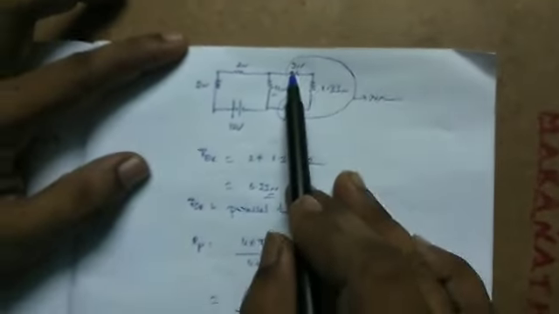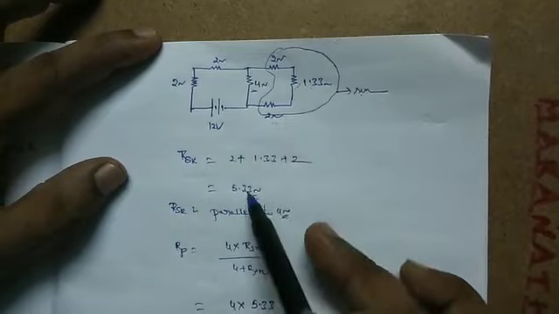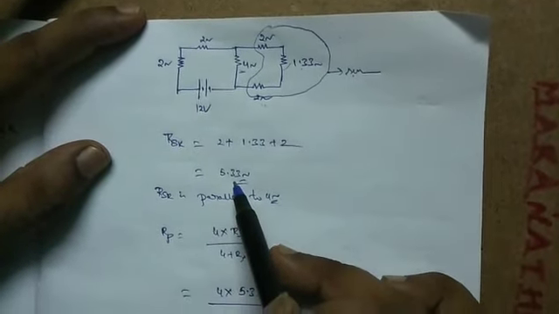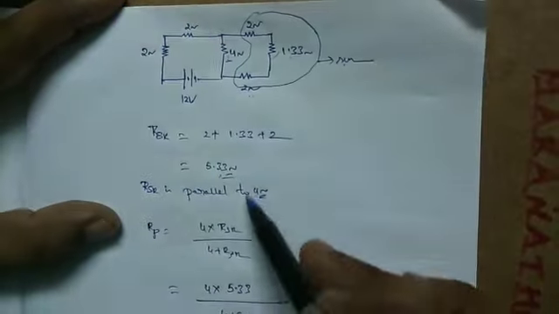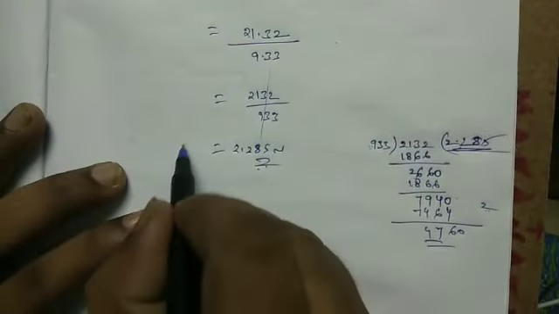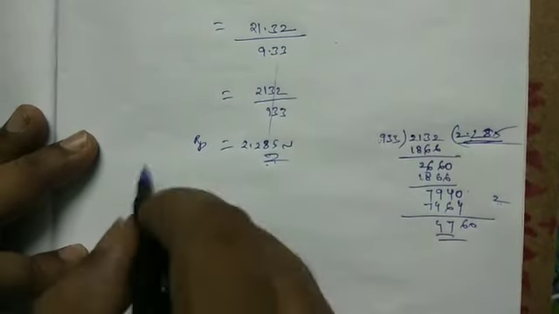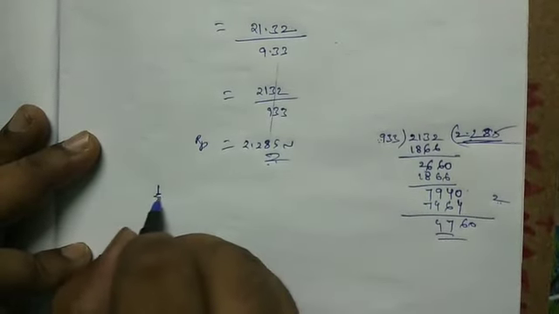RP means the entire 2 ohms, 1.33 ohms and 2 ohms in series, that is 5.33, and this 5.33 is parallel to 4 ohms. So we get RP equal to 2.285 ohms. What is the new circuit?